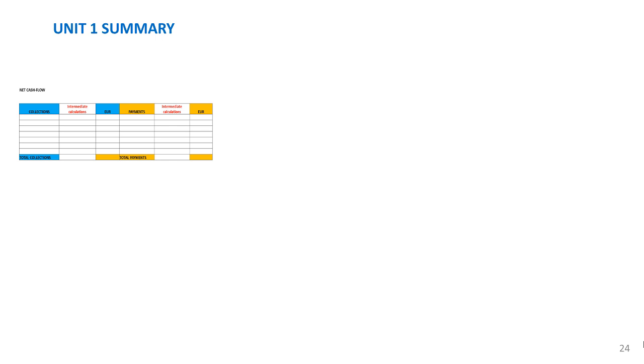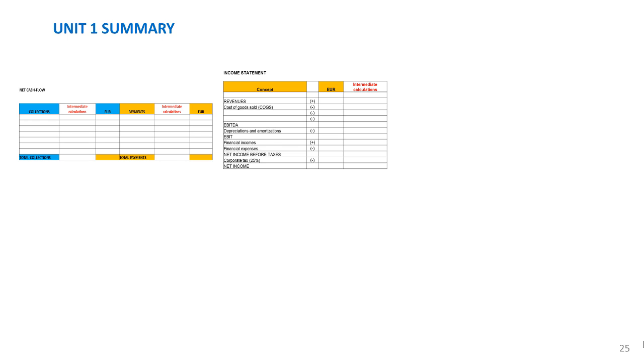Let's summarize this unit. Firstly, we've described the initial step of the operating procedure, which is the subject of the present video tutorial, the presentation of the formats. The cash flow table: we need an instrumental format to calculate the net cash flow for the period. The income statement: it's useful to calculate the earnings of the period.